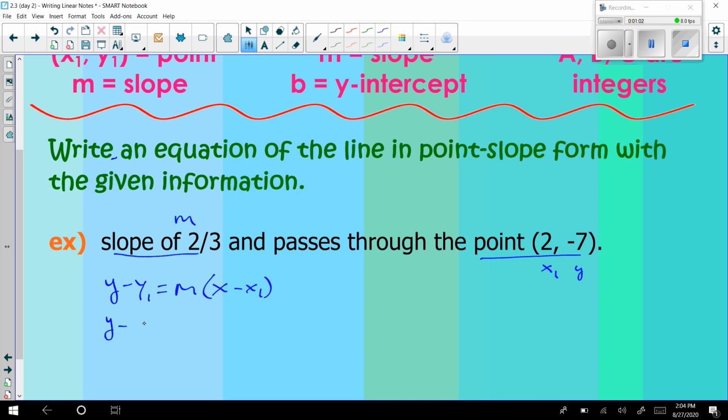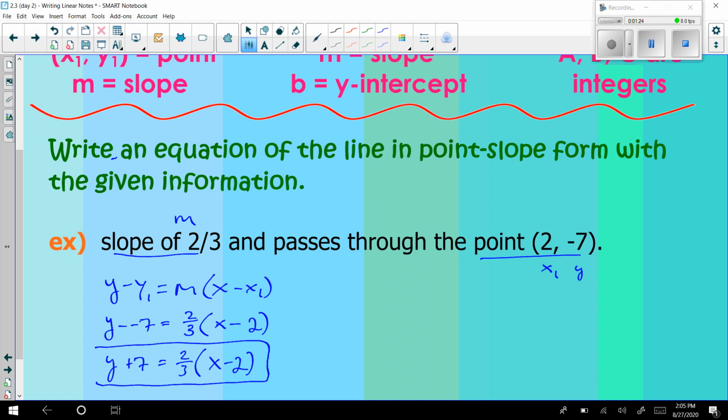So we have y minus, our y1 is -7, equals 2/3, which is the m, times x minus our x1 was 2. Simplify this a little bit to get y plus 7 equals 2/3 times the quantity x minus 2. Again, that is in point-slope form, so we are done.